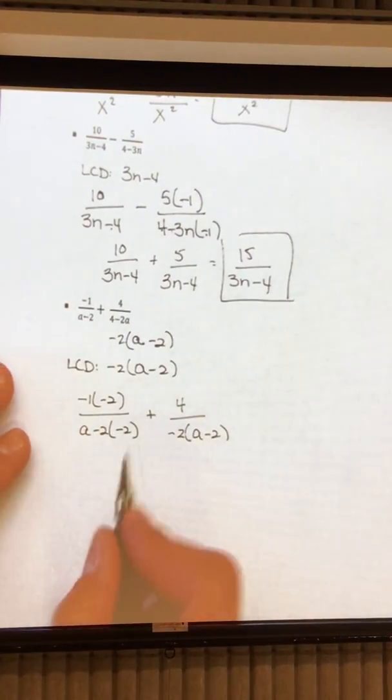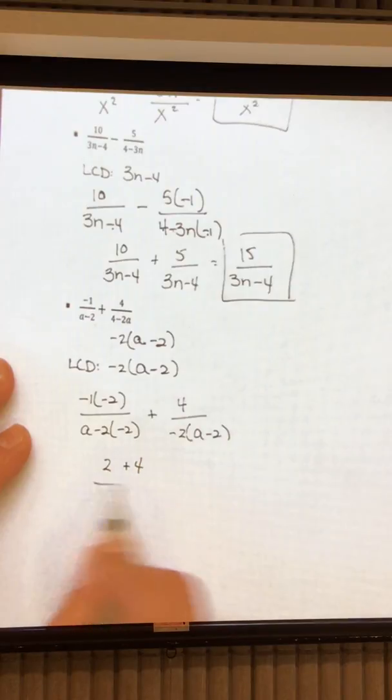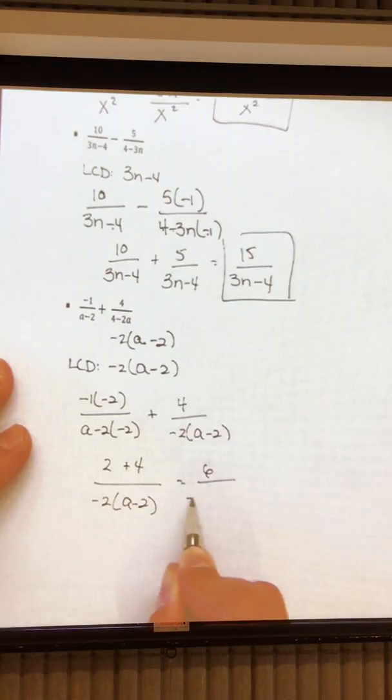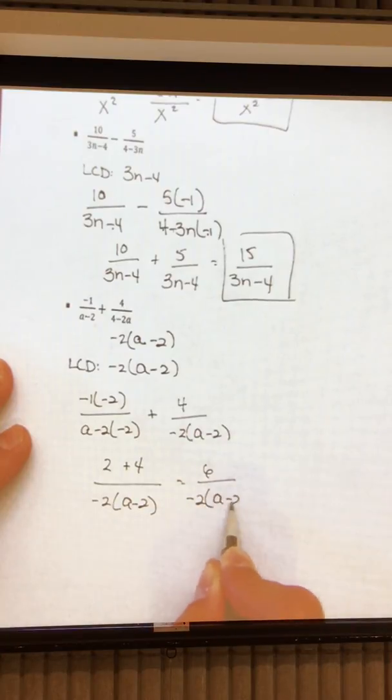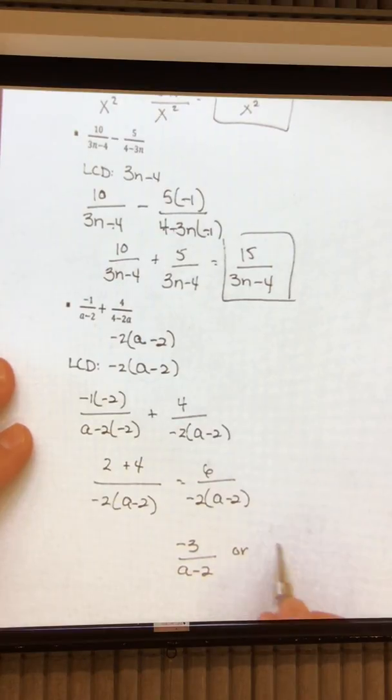Negative 1 times negative 2 is positive 2 plus 4 over negative 2 times a minus 2, which is 6 over negative 2 times a minus 2. 6 divided by negative 2 is negative 3 over a minus 2, or we can write our answer as 3 over 2 minus a.